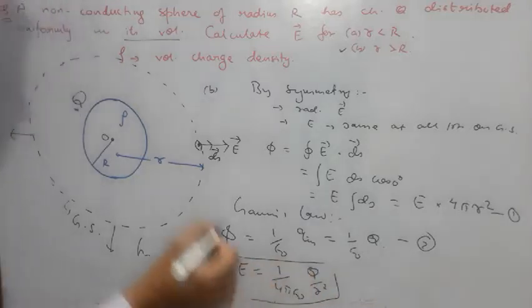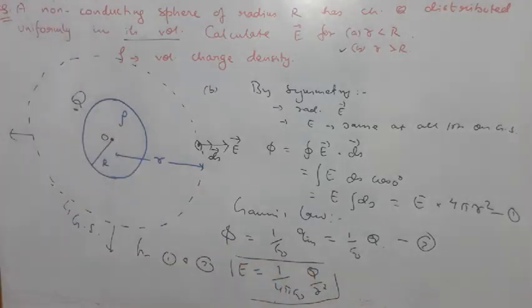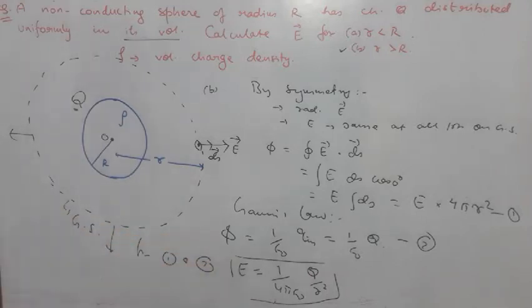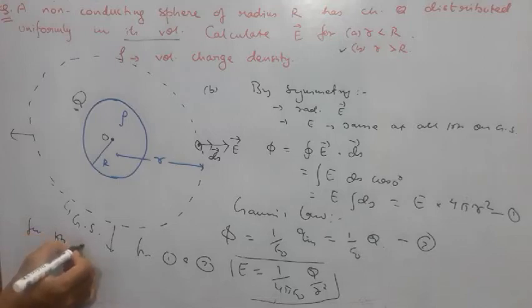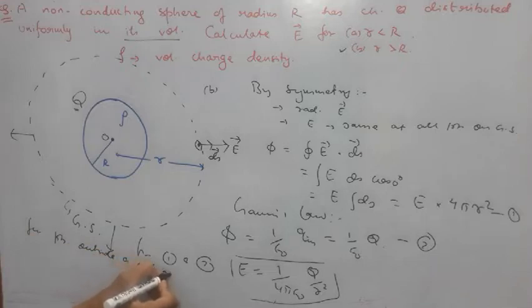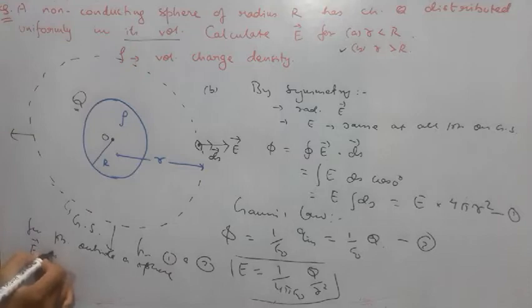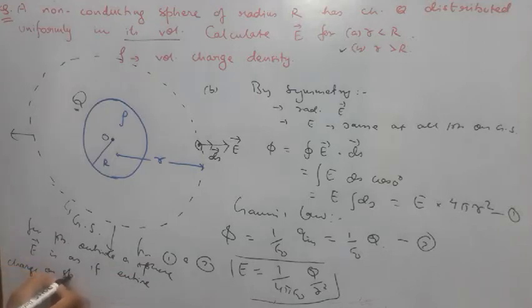Now this formula, you must be feeling that this is a known formula due to a point charge. What does this suggest? This suggests an important thing, that for points outside a sphere, the electric field is as if the entire charge on the sphere is placed or concentrated where?